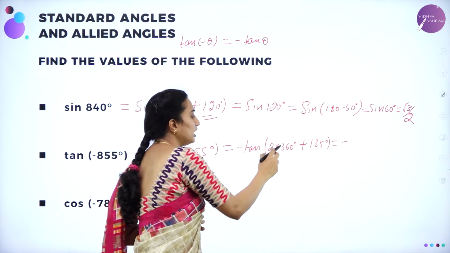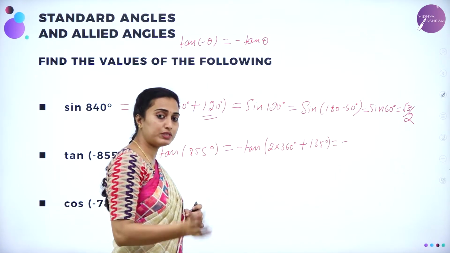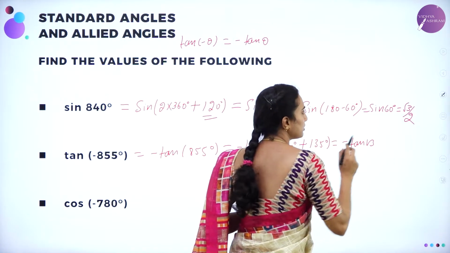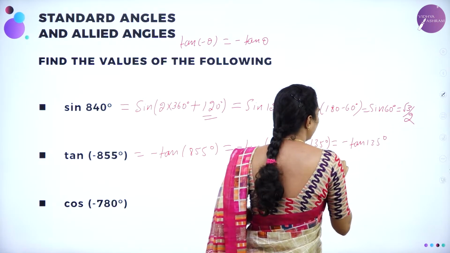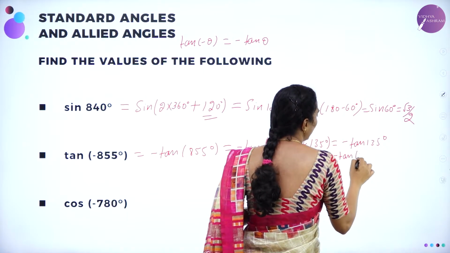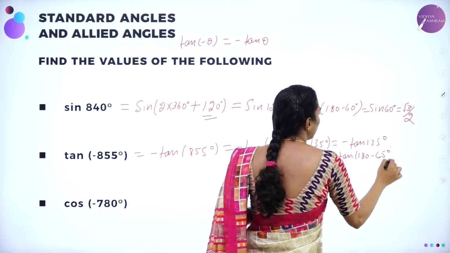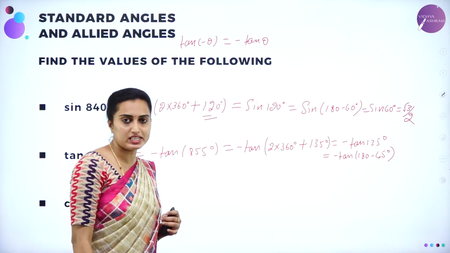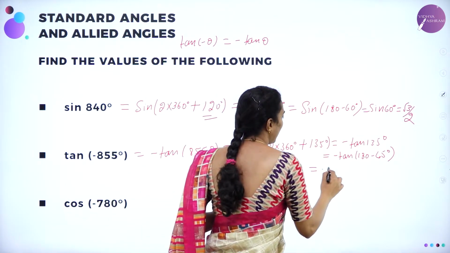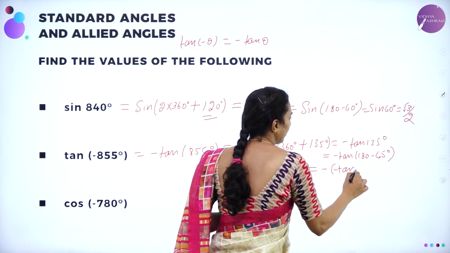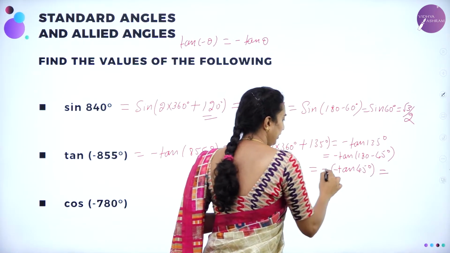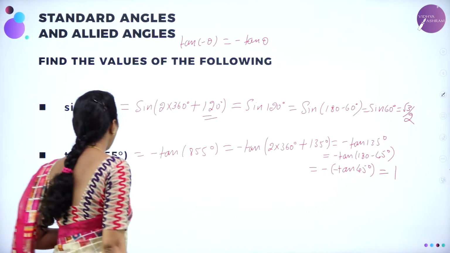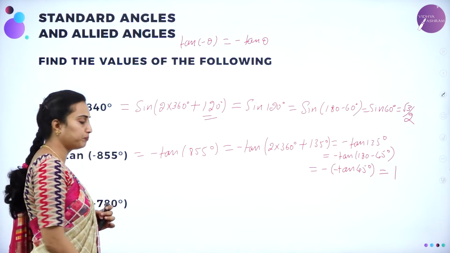So, tan of n into 360 plus theta will become tan theta. So, here tan 135 degree, already you have the negative symbol. Now, again tan 135 degree can be written as tan of 180 minus 45. Now again 180 minus theta falls in the second quadrant. In the second quadrant tan is negative. So negative into negative will become minus of minus tan 45 degree. Negative into negative is positive. Tan 45 degree always takes the value 1. So the value of tan minus 855 degree is 1. I hope you got this one.